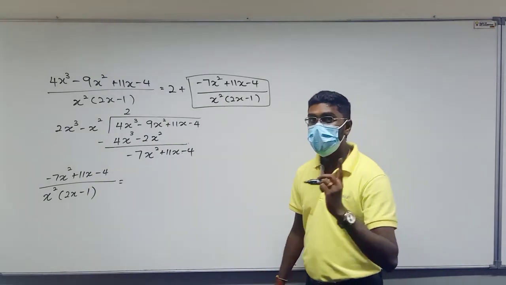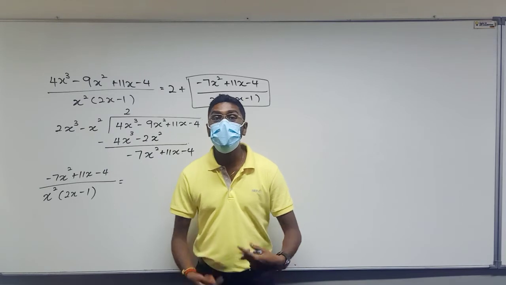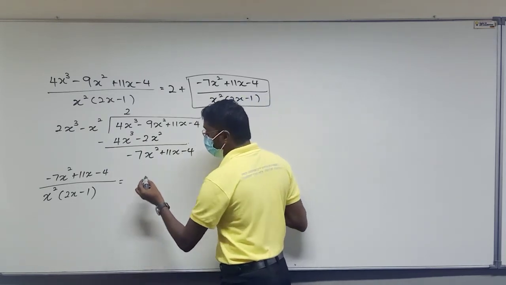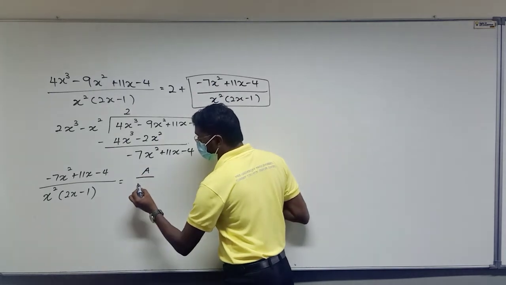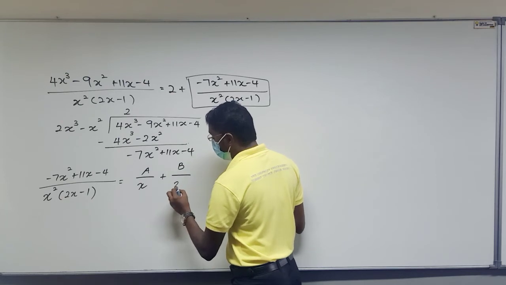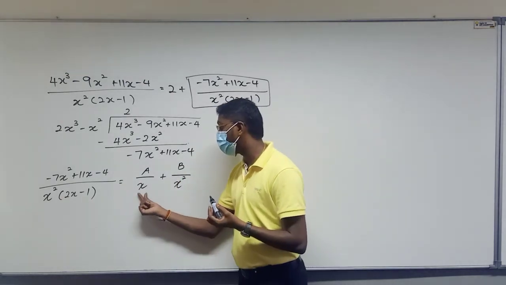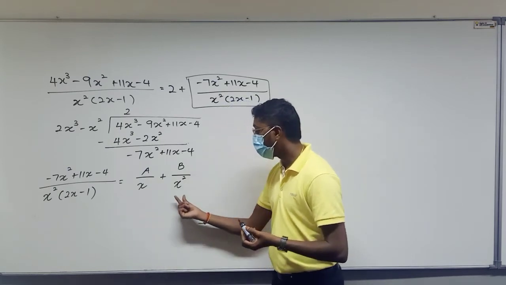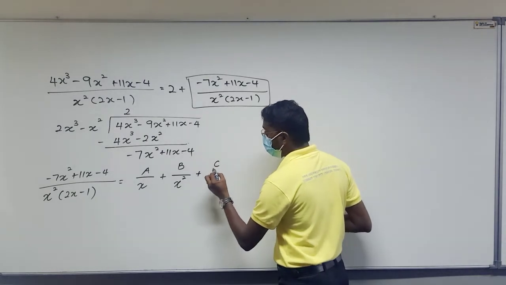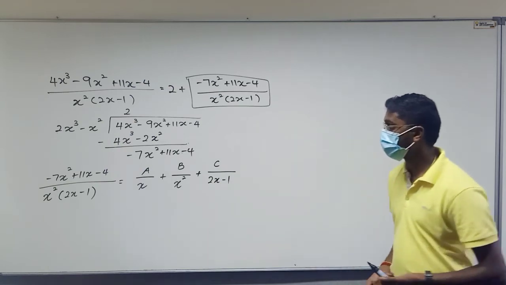Take note that here I have x to the power of 2, which is known as a repeating root. When there is a repeating root, we need to write a over x plus b over x squared. Please take note, if there is a repeating root, then we have to add the root itself and its square, plus c over 2x minus 1.